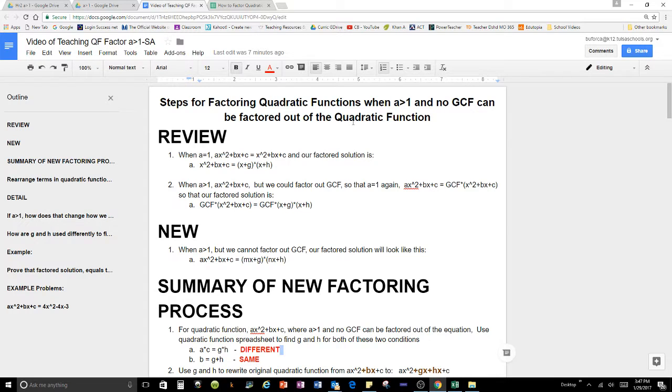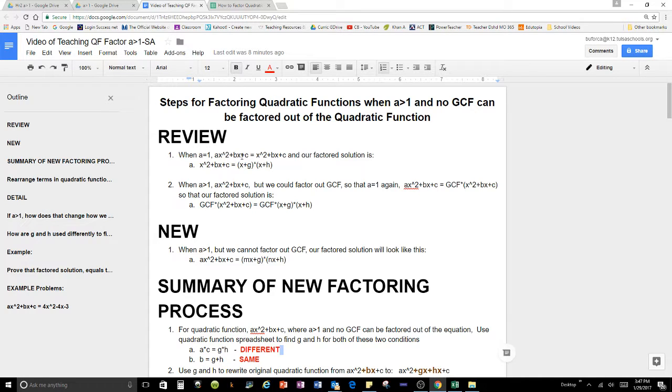But the first thing we want to do is review in these two little sentences here what we've done already. The first thing we did with factoring was we factored quadratic functions when a is equal to 1. So this is a quadratic function, ax squared plus bx plus c, and we learned how to factor quadratic functions when a was equal to 1.